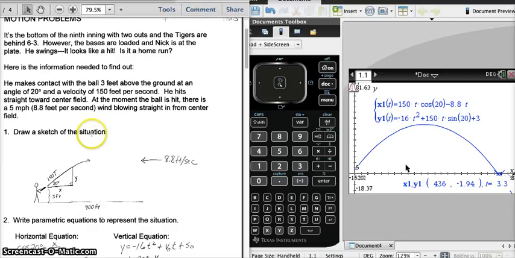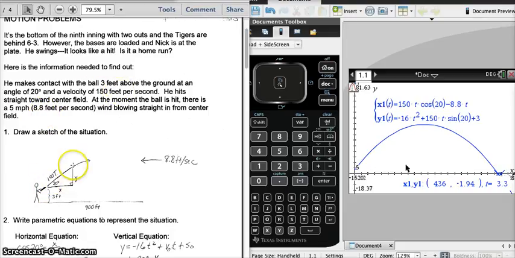So draw a sketch of the situation, where here's your guy, he's got his bat in his hand. When he makes contact, the ball takes off at a 20-degree angle. So that's what this says right here. You have your horizontal placement, you have your vertical, you make a right triangle, this is 20 degrees right here. And then of course it's taking off at a velocity of 150 feet per second.